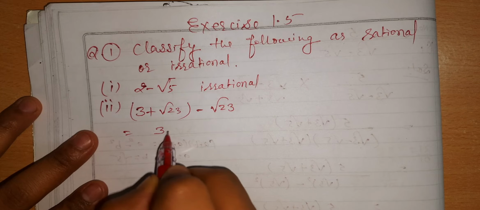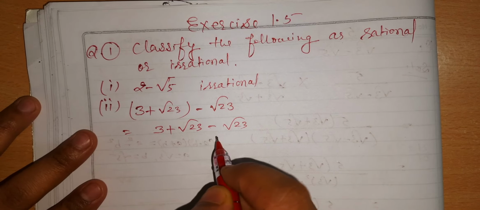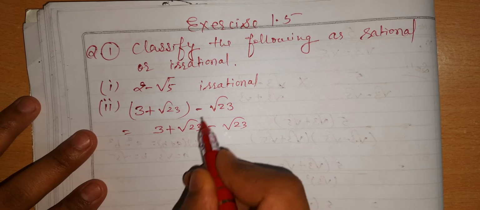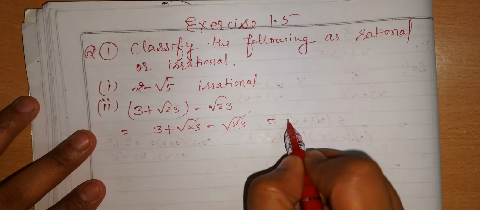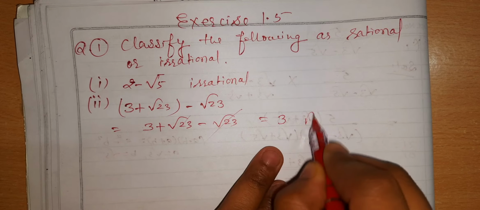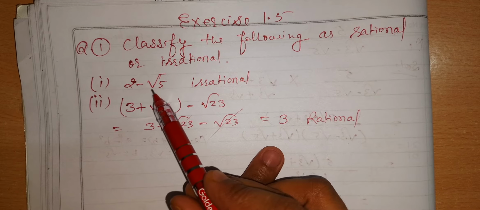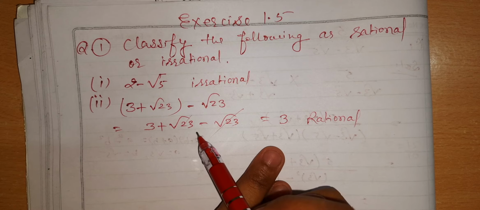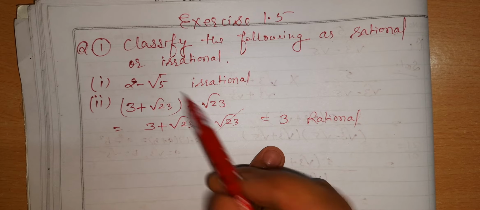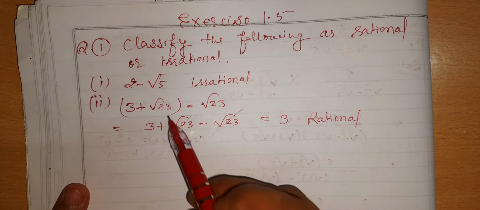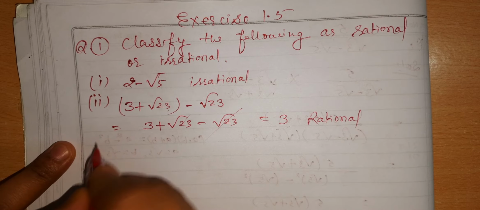If you open the bracket, you will find plus root 23 and minus root 23, so we can easily cancel them out. We'll get 3 only, and this 3 is a rational number. Here the number is not in the simplest form, and we can cancel out these two terms. So it's a rational number.